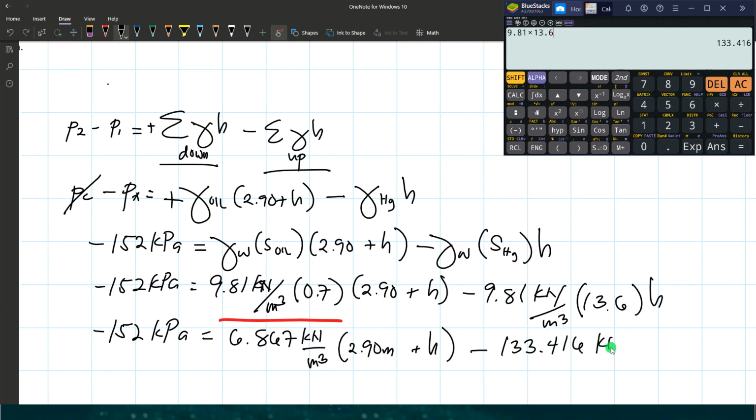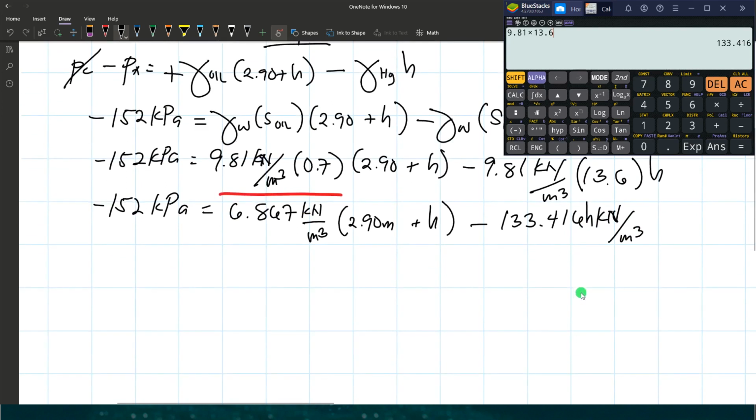That is still in kilonewtons per cubic meter, but we multiply it by H. So 133.416 H in kilonewtons per cubic meter. Okay, so let's distribute 6.867. We have 2.9 times 6.867 is equal to 19.9143.